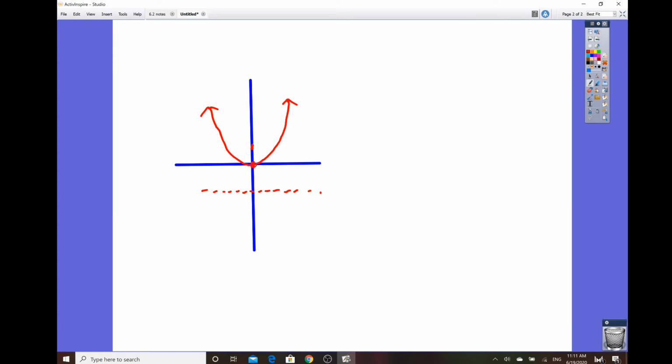The distance from the vertex to the focus is the same as the distance from the vertex perpendicular to the directrix. So one of those is the same distance, and the other one is twice as much as the other one.